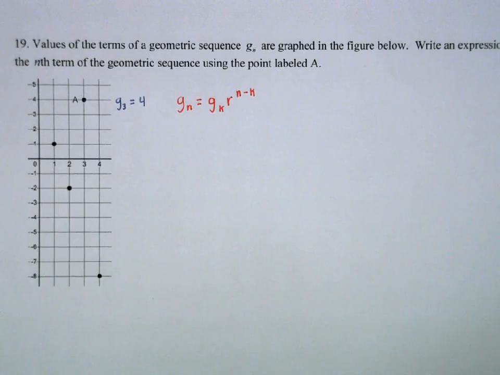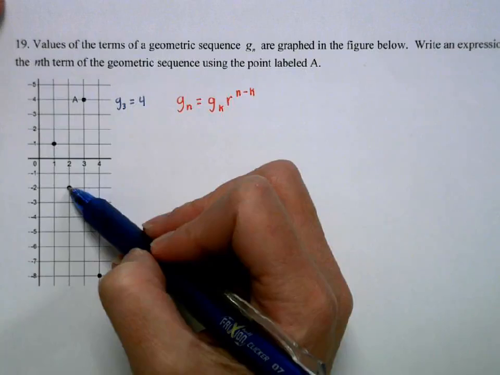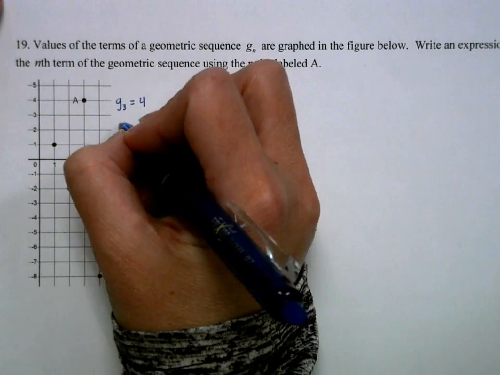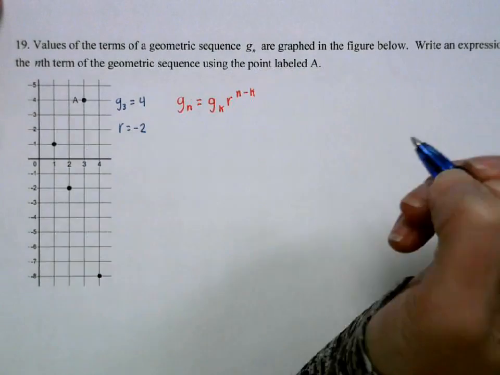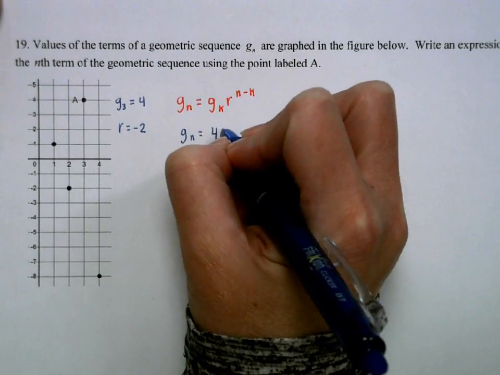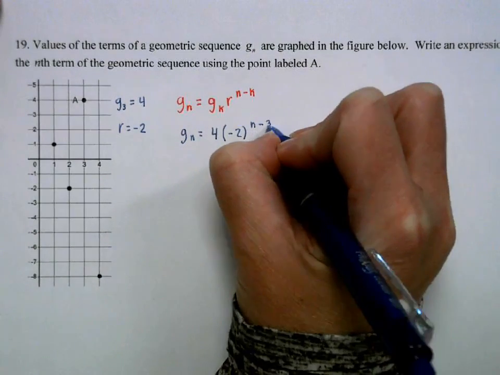My common ratio, so we're going from 1 to negative 2 to positive 4 to negative 8. So my common ratio is going to be negative 2. So my equation is going to be 4 times negative 2 to the n minus 3. So my k is 3, my output at 3 is 4, and then we have our common ratio.